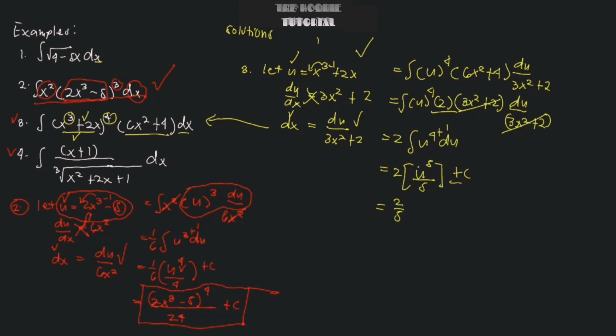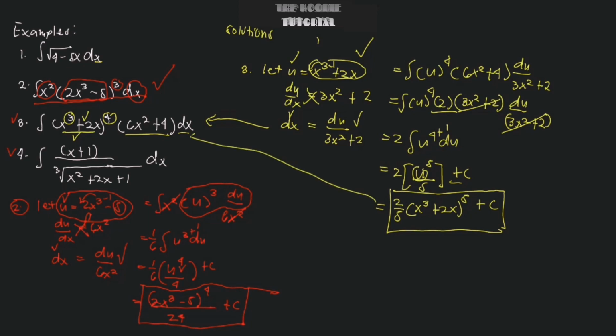And then let's substitute the value of u. Let's put a parenthesis. Our value of u is x cubed plus 2x, and then our power is 5, plus c. So this would be our final answer for example number 3 right here.